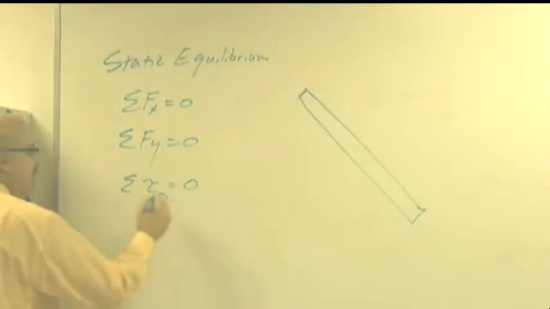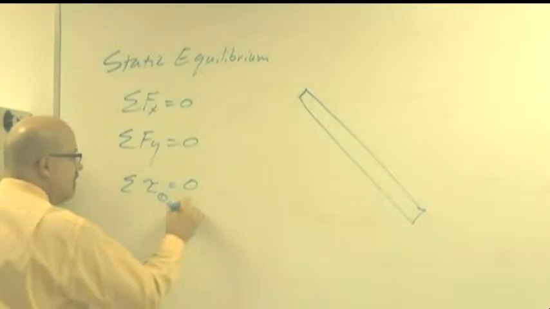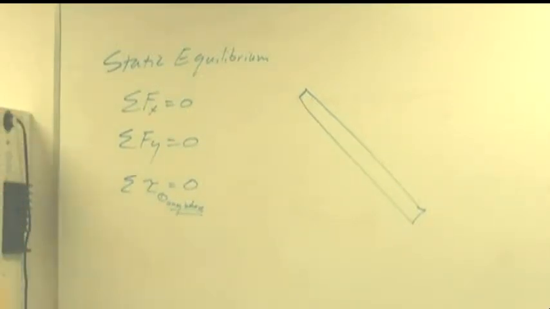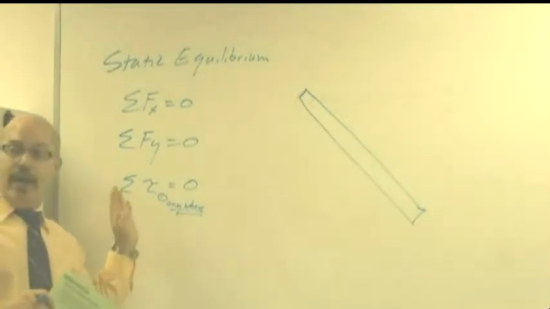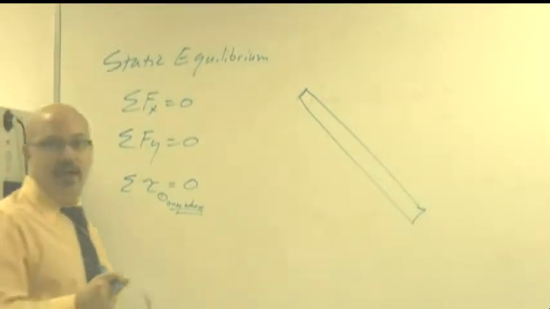So I'm going to put it anywhere. You can pick your pivot point, and where we pick our pivot point is what helps us solve this problem. Okay? Because we cannot solve it otherwise.